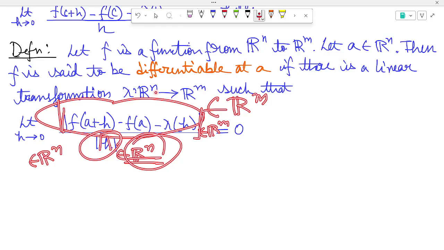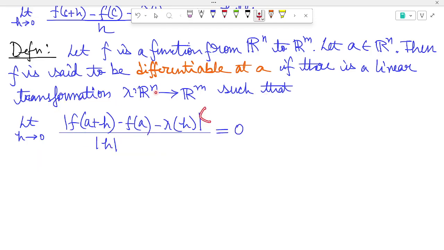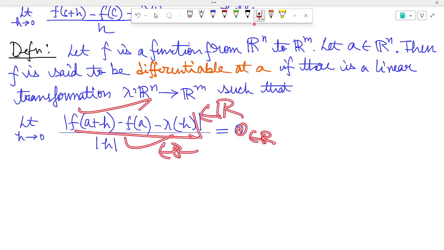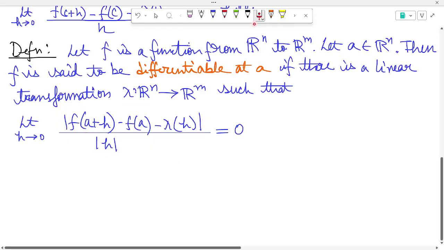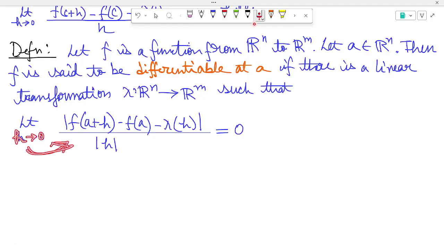But one similarity between them is that after taking the modulus, this belongs to R and this belongs to R. Now I can compare this quotient, and this 0 is the 0 of R, because after taking the modulus we are in R. So we are observing the behavior when h tends to 0. If that ratio is equal to 0, then that is called differentiable at a.